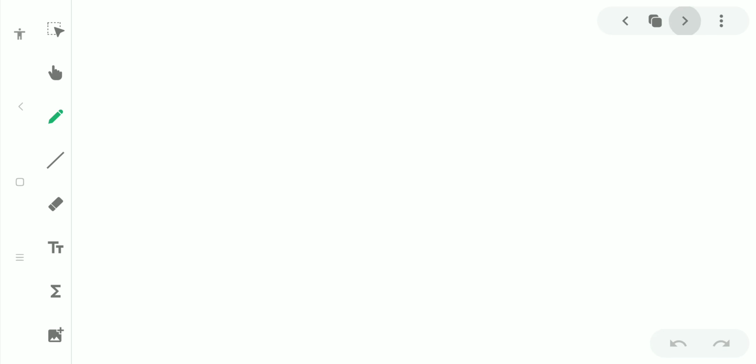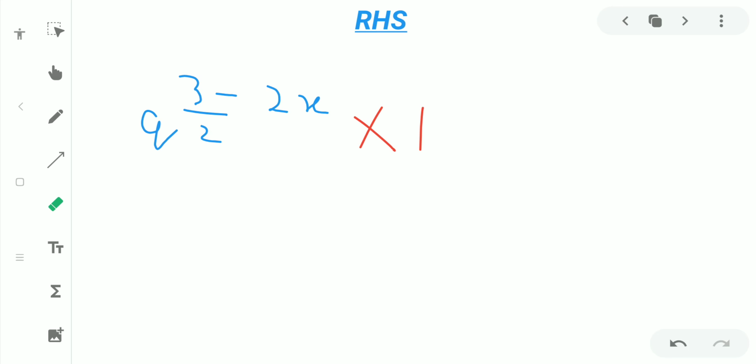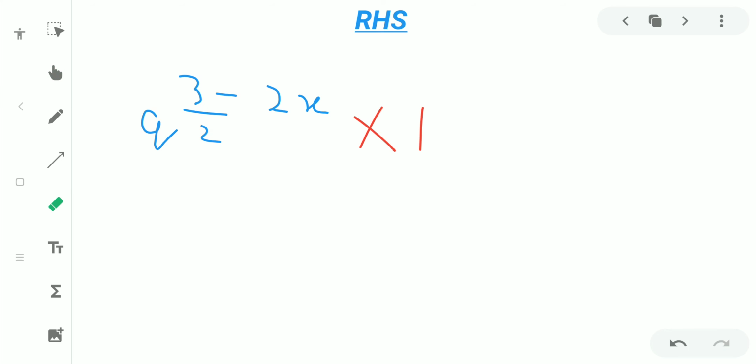And you know one law, that is a power 0 is equal to 1, where a is a non-zero number, that is a is not equal to 0. So I will write 1 as p power 0. As you already know, p power 0 is equal to 1.